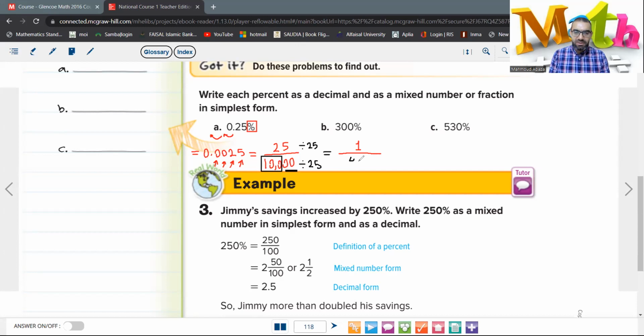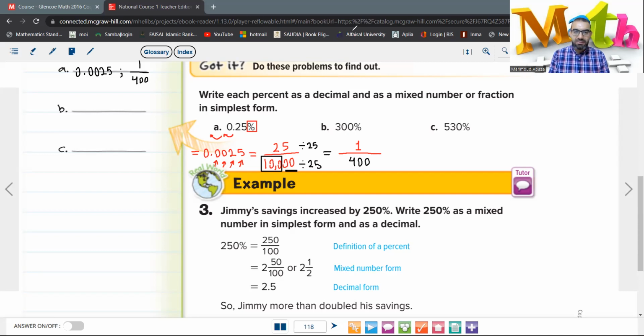Drop the 2 zeros, so 400. So problem A as a decimal, it's 0.0025, and as a fraction in simplest form, it's 1 over 400.